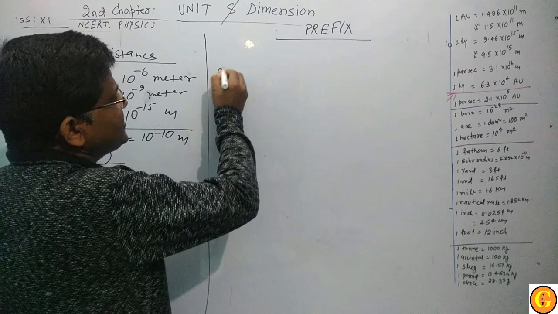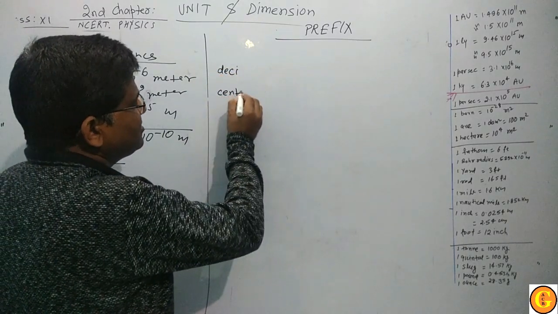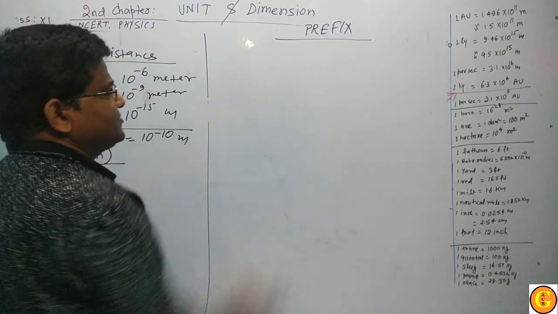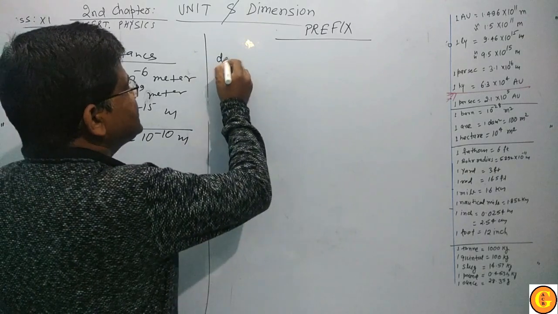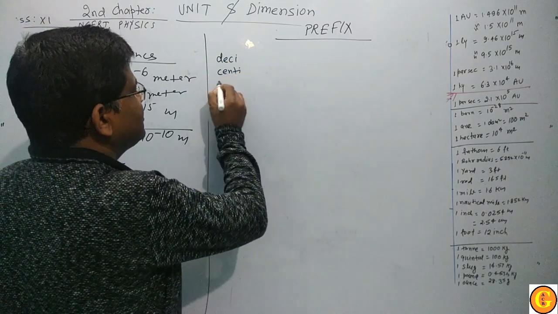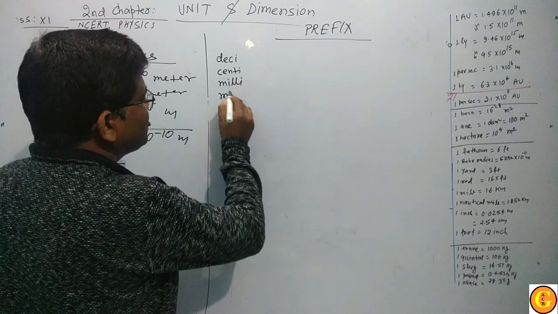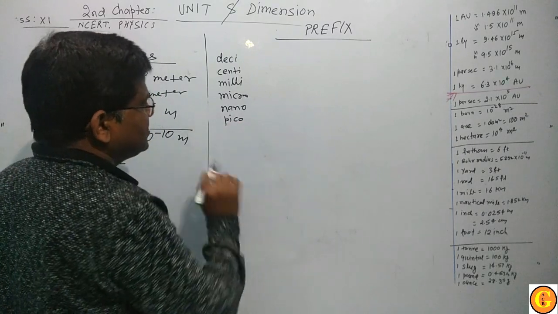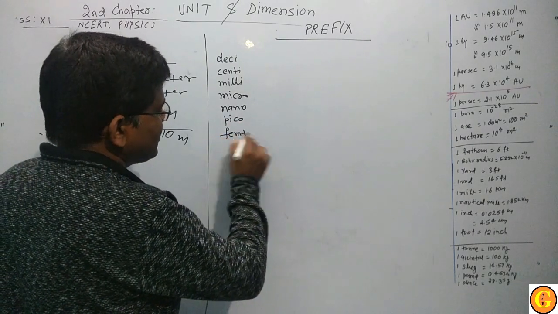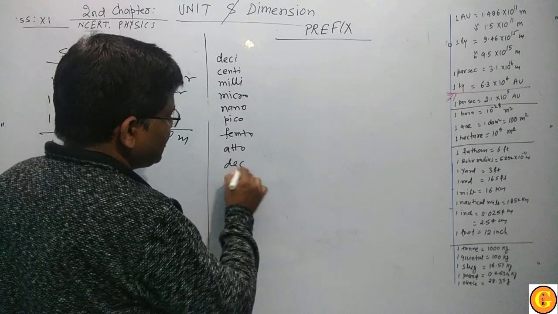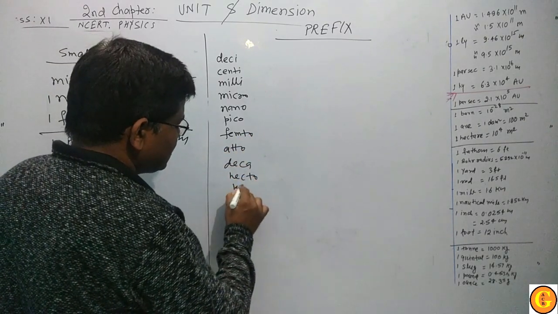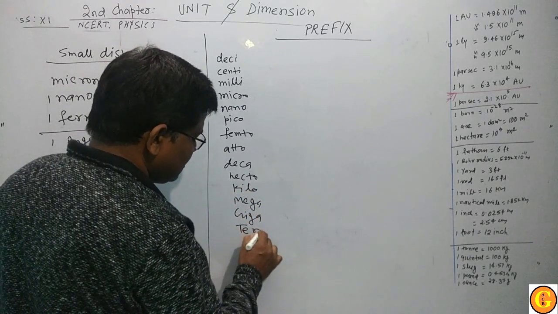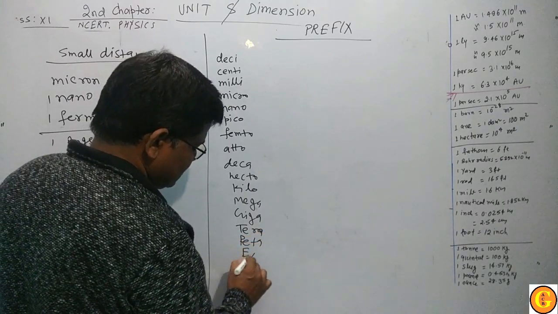Prefixes are deci, centi, milli, micro, nano, pico, femto, atto, deca, hecto, kilo, mega, giga, tera, peta, and so on.